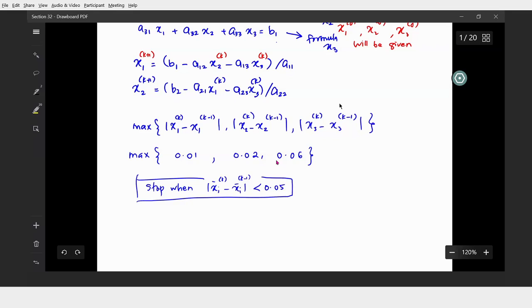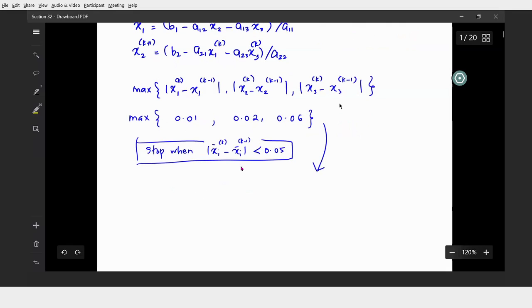So back to this. The maximum out of 0.03, 0.02, 0.06 is 0.06, right? Among those three. So this value is still greater than 0.05, meaning that you need to proceed.